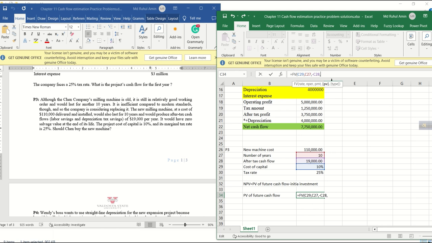PV, we don't know, so 0, then type 0. So this is our present value of future cash flow. But now consider NPV: NPV equals this minus initial investment. So 192,811 dollars. So NPV is the positive one.